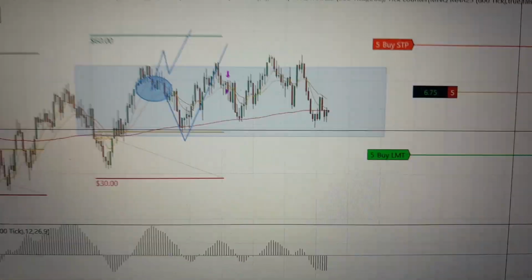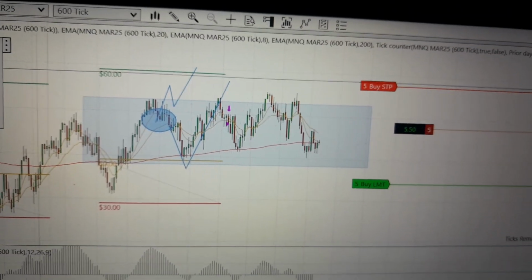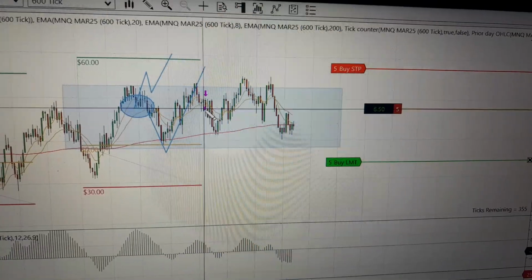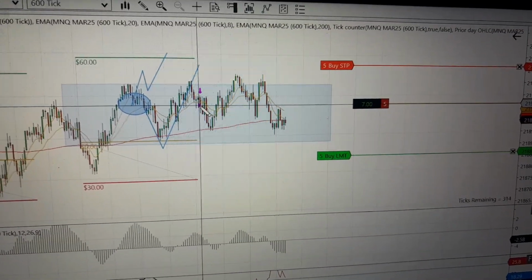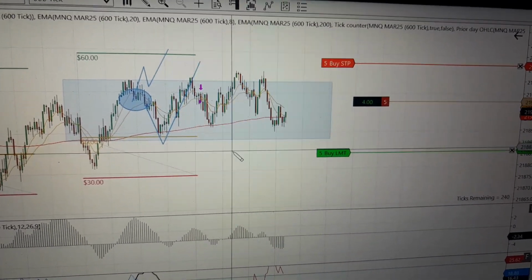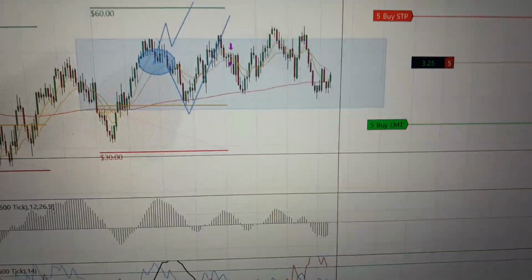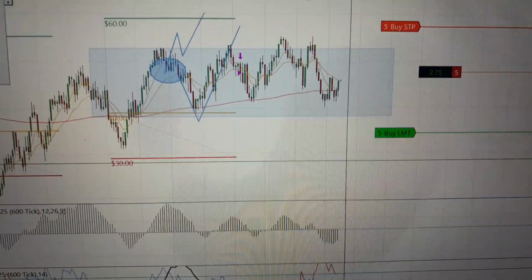We've been holding this one on for a while, guys. Since 6:45, it's already 6:54, about 10 minutes. It felt a little longer. It always feels longer when you're trading.